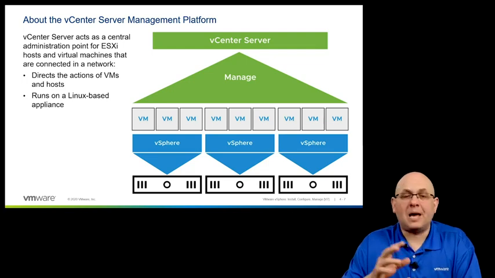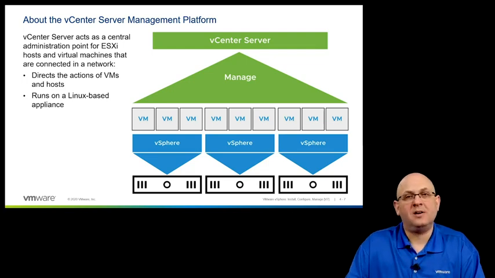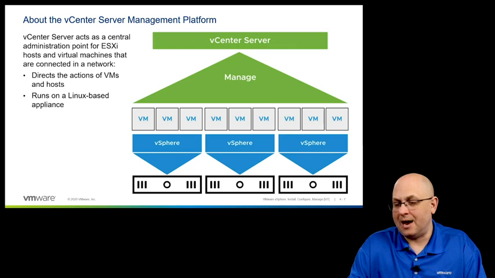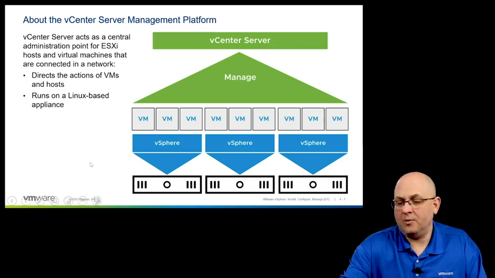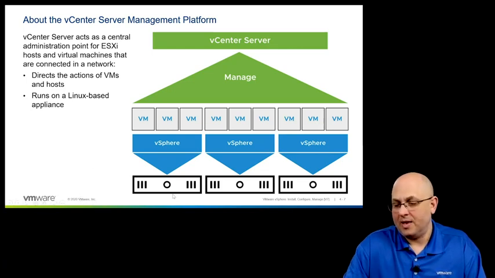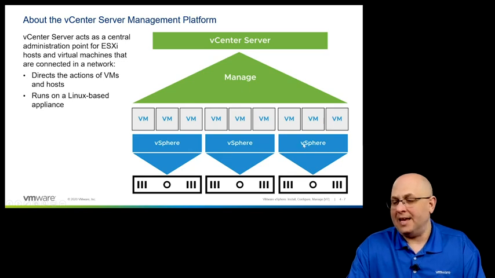So this is a conceptual drawing of our ESXi hosts down here at the bottom, right? So here we have ESXi running on physical hosts. We can call this vSphere here, but we can be sure that this is ESXi. And that ESXi runs virtual machines.